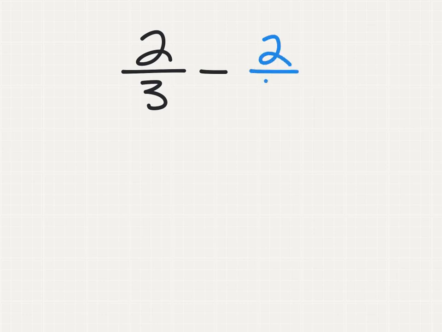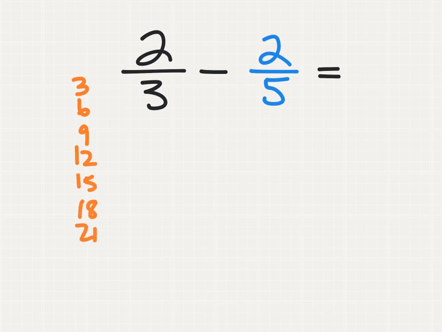In our next example, we'll subtract 2/3 minus 2/5. Our algorithm is exactly the same. I need to rewrite these fractions having common denominators. So I need to find multiples of 3: 3, 6, 9, 12, 15, 18, 21, and multiples of 5: 5, 10, 15, 20, 25, 30, 35, and find a number that's on both lists.